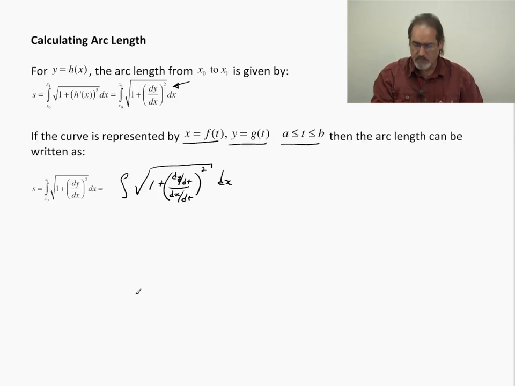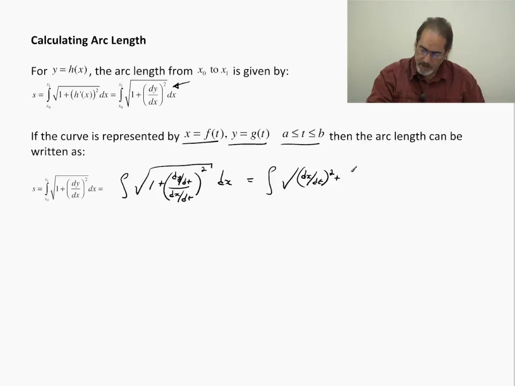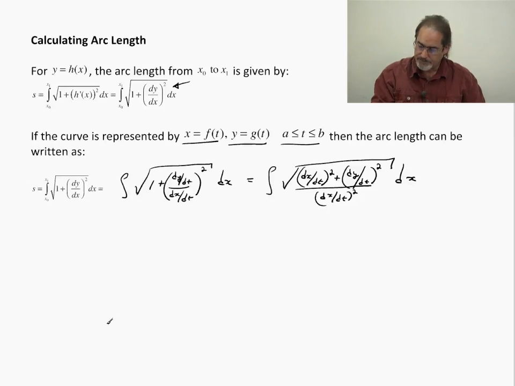dx. So now I'm just going to hit it with a little bit of algebra. This is equal to the integral square root of ((dx/dt) squared plus (dy/dt) squared) over (dx/dt) squared, and all of this is under the radical, dx.